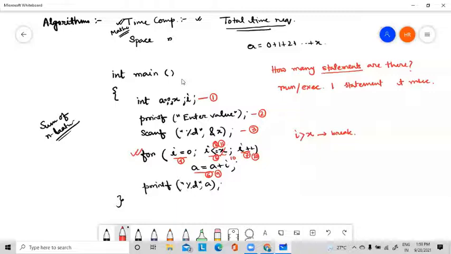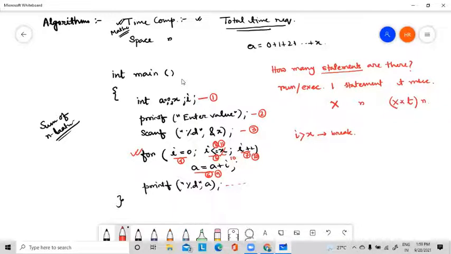If x is a small value, the number of statements will be less. If x is a high value, the number of statements will be high. And then finally, this is another statement. So suppose there are capital X number of statements, then we can easily calculate that X into t is the total time required to execute this program.